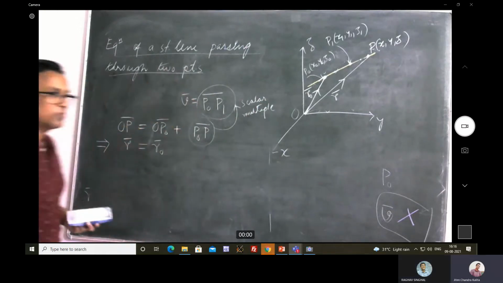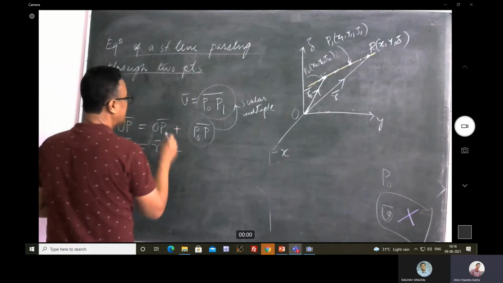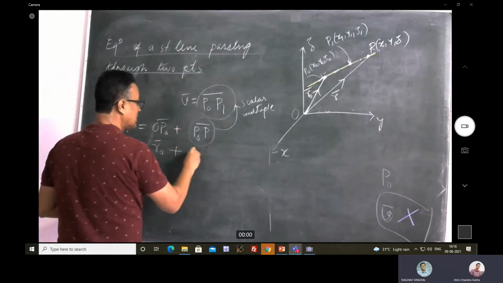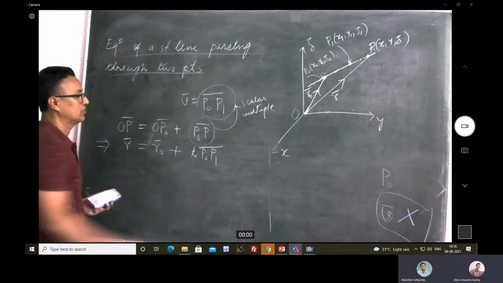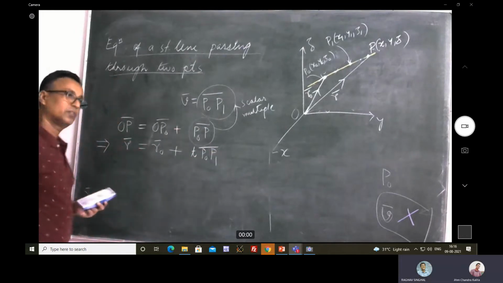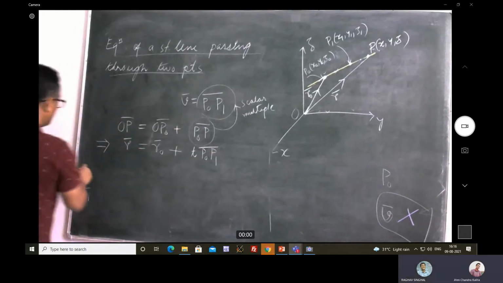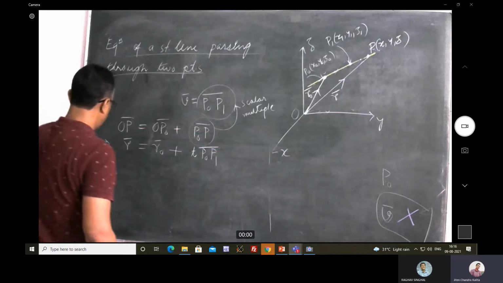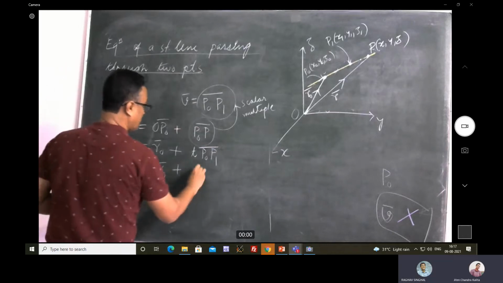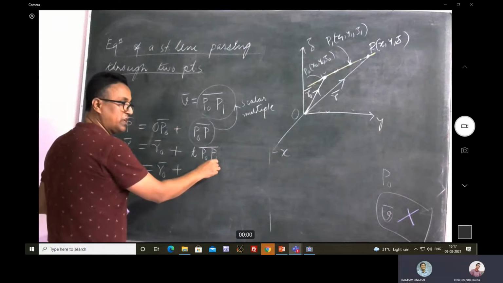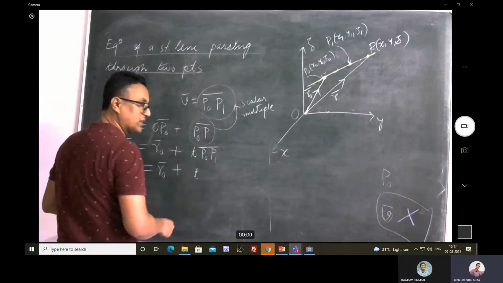So that is why I can take it as T into P naught P1, right? So now if I think about P naught P1, what is this?